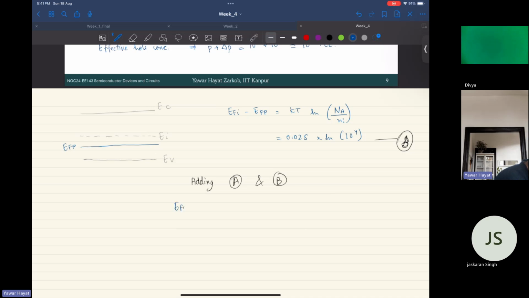You get that EF0 minus EFP is 0.025 times ln of 10 to the power 9. Just do this calculation part. So your EF0 minus EFP is equal to 0.518 electron volt.